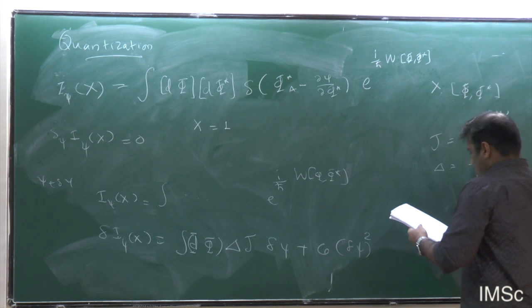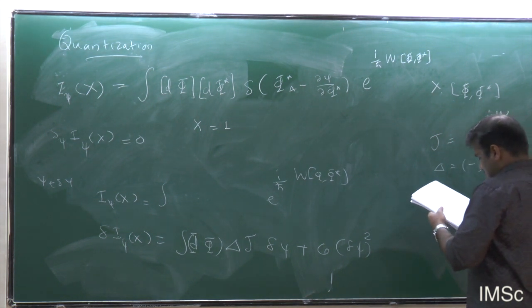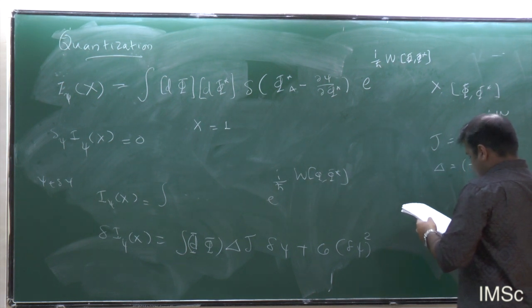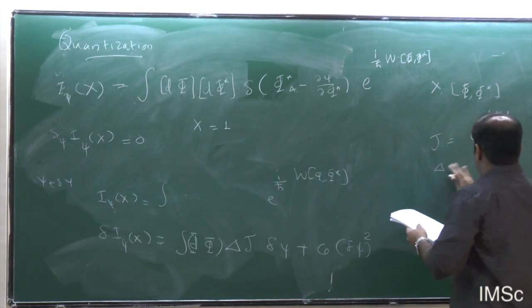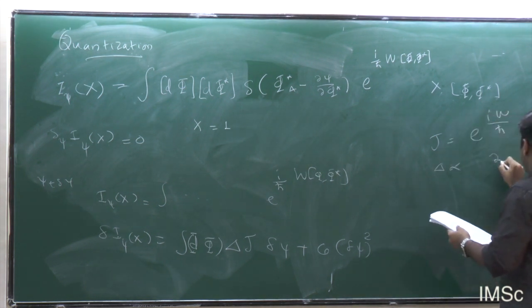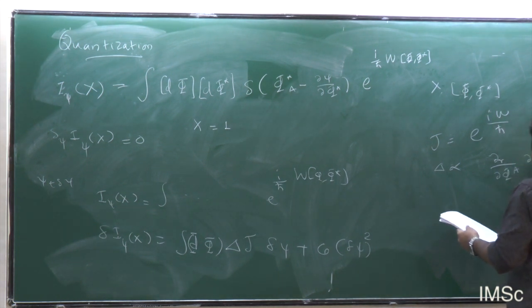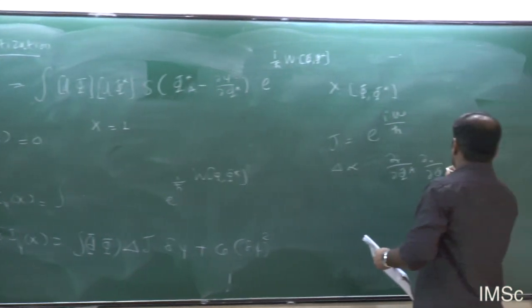It's defined as minus 1 raised to epsilon, and let me just write it as a proportionality: this is equal to delta R over delta phi A, delta over delta phi A star.